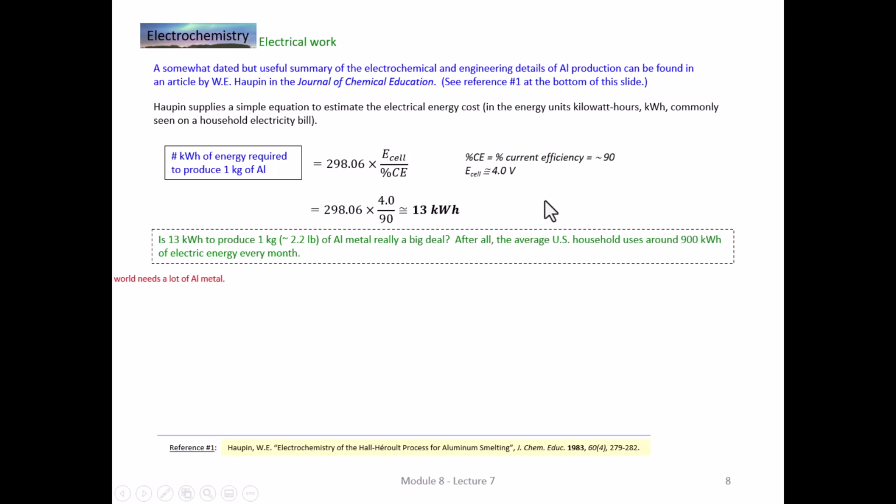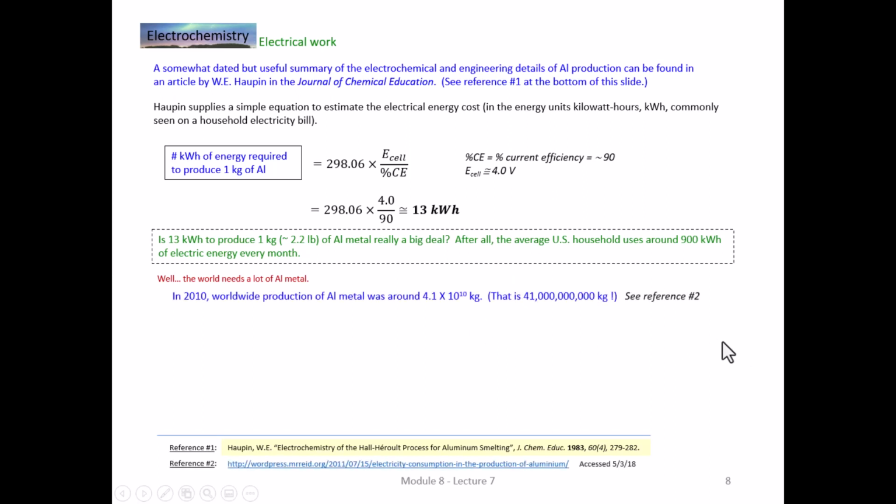Well, the world needs a lot of aluminum metal. In 2010, according to a reference that I found, worldwide production of aluminum metal was around 4.1 times 10 to the 10th kilograms. That's a lot of kilograms of aluminum.